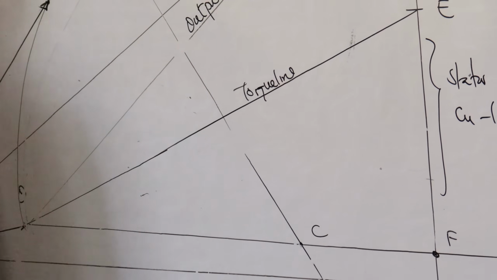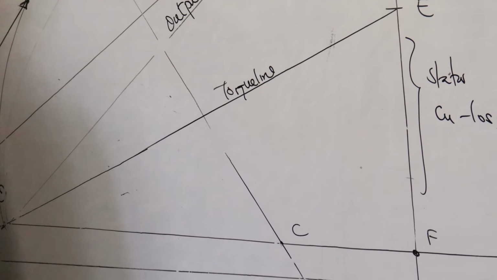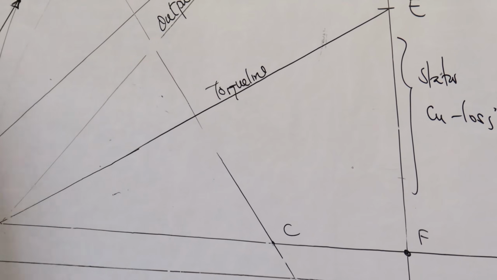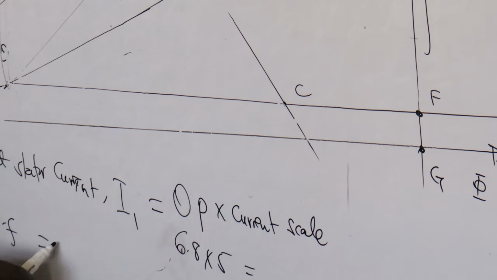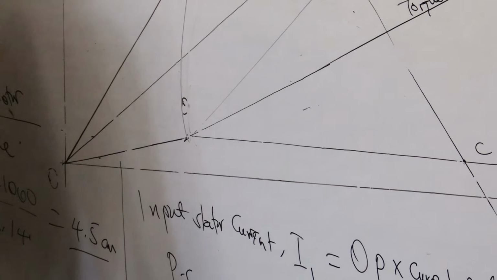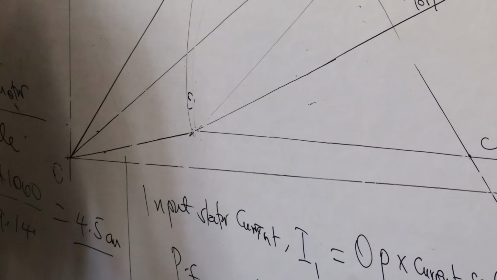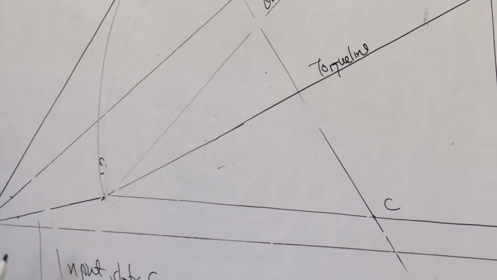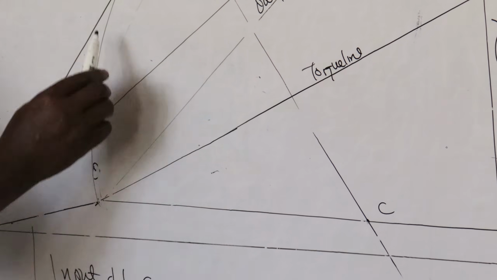6.8 times 5. Use your value. The power factor is equal to the cos of angle POV.